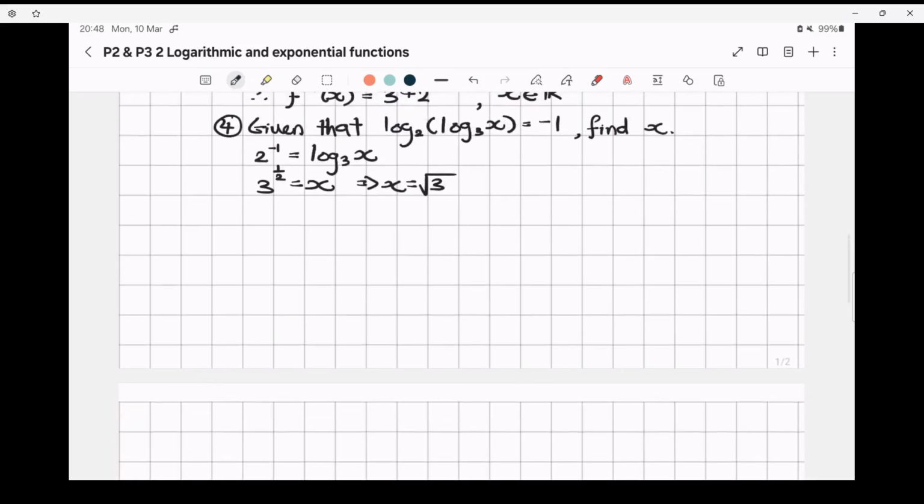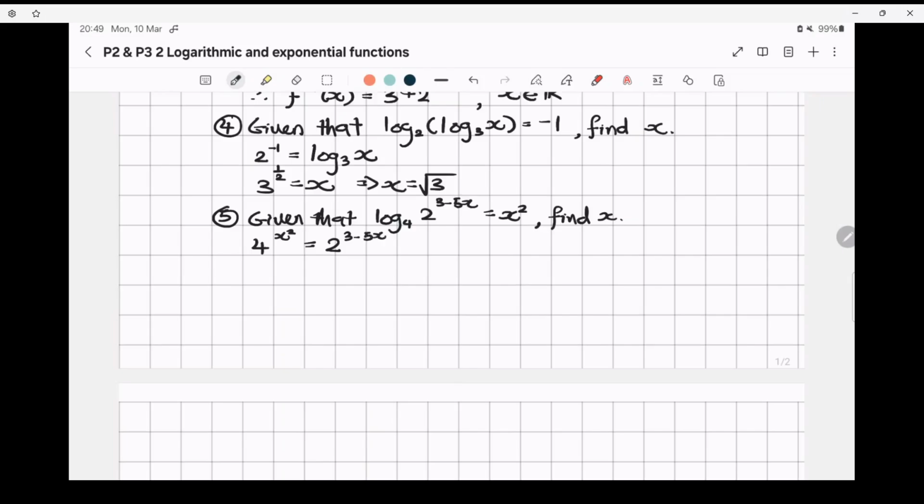Let's look at question 5. Given that log base 4 of 2 to the power of 3 minus 5x equals x squared, find x. First of all, you can just directly apply the definition of logarithm. 4 to the power of x squared will be equal to 2 to the power of 3 minus 5x.